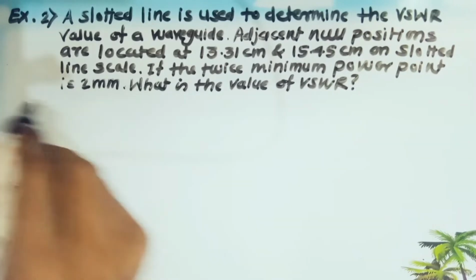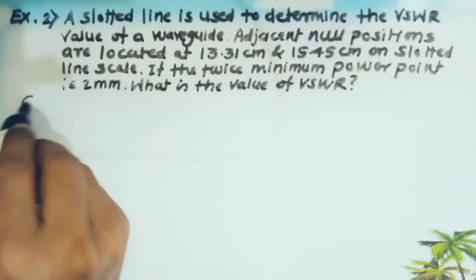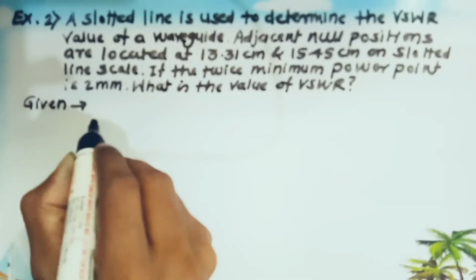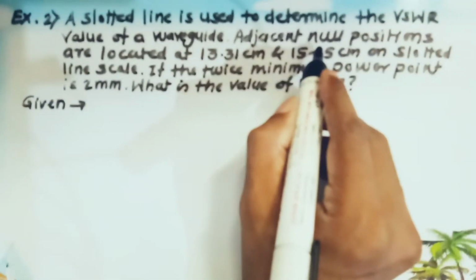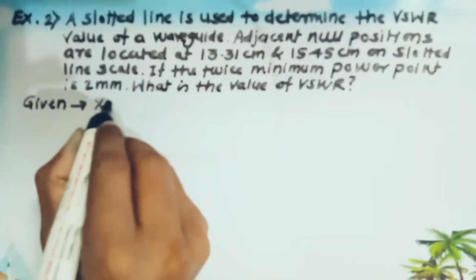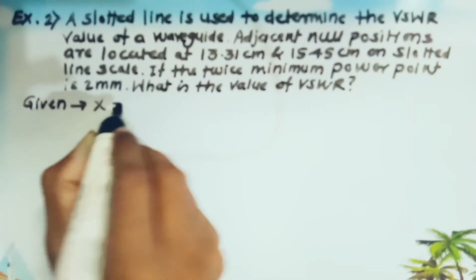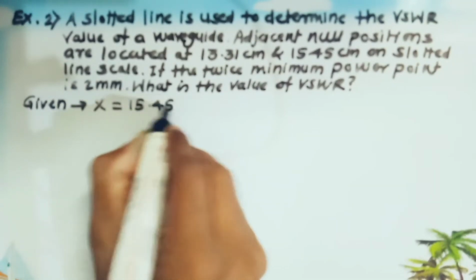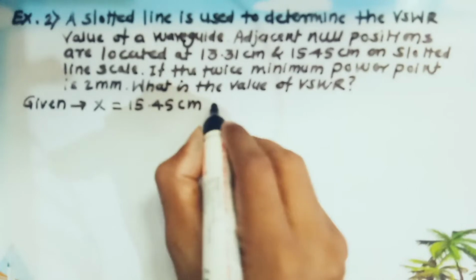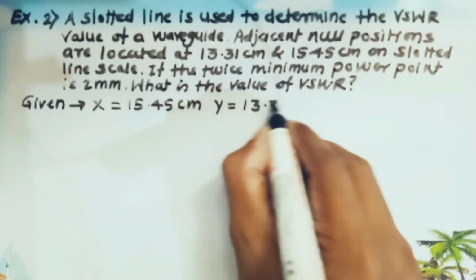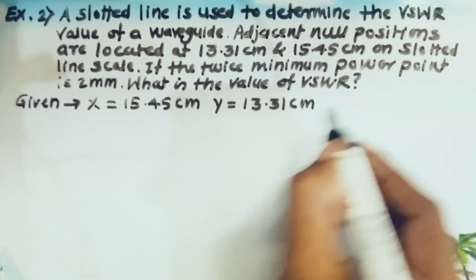First we are going to write the given quantities. Here the adjacent null positions are given, so x is 15.45 centimeter and y is 13.31 centimeter.